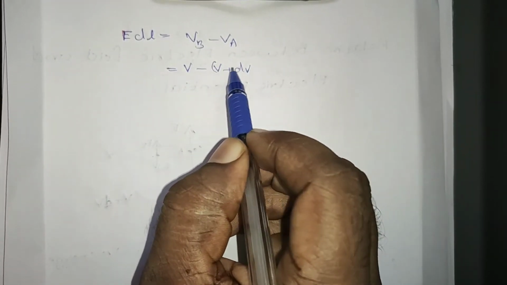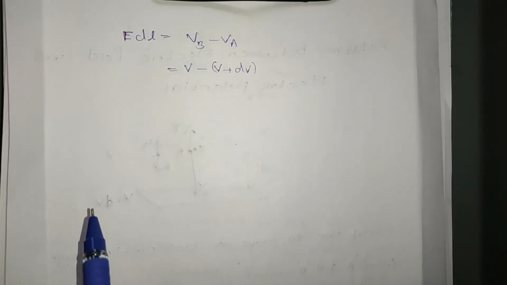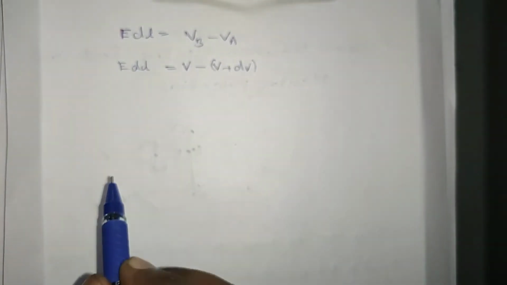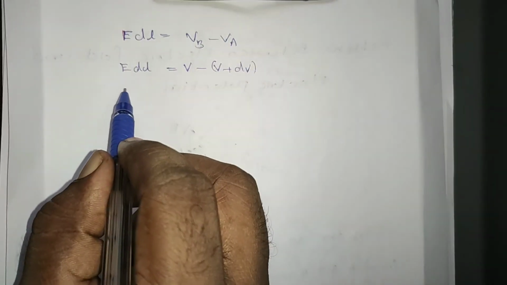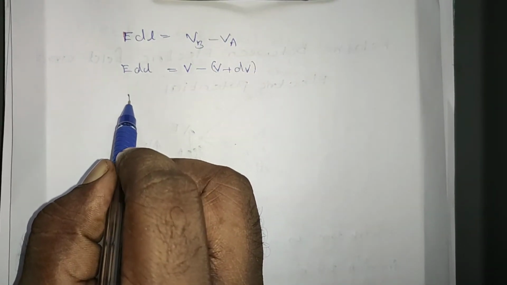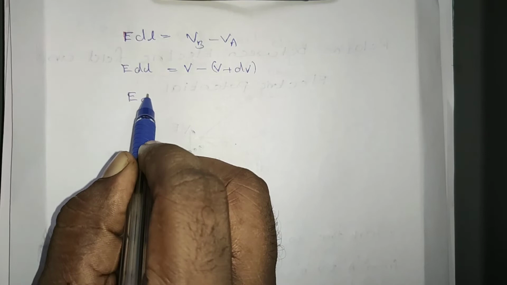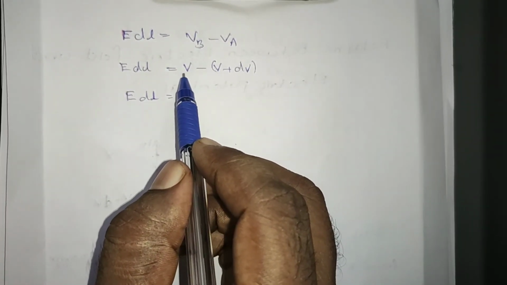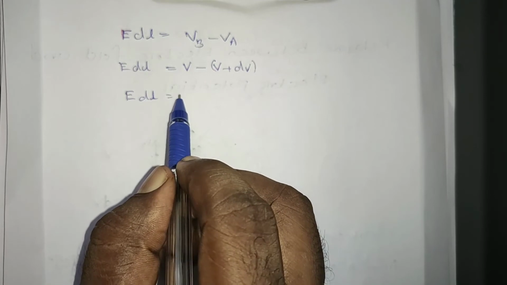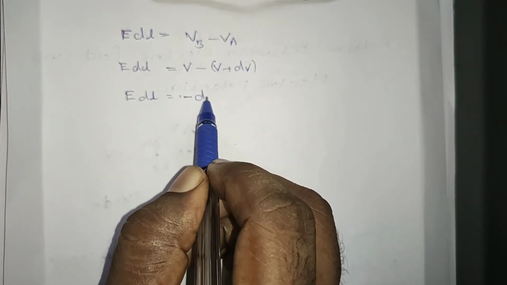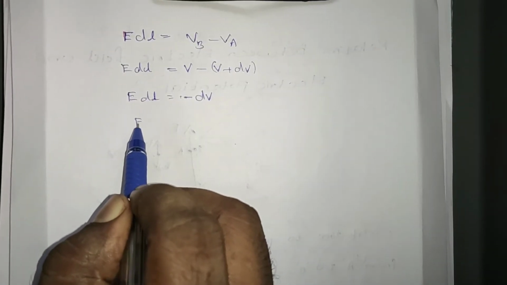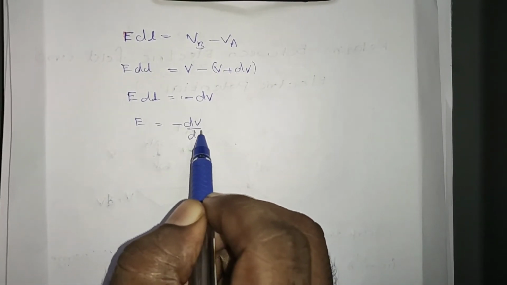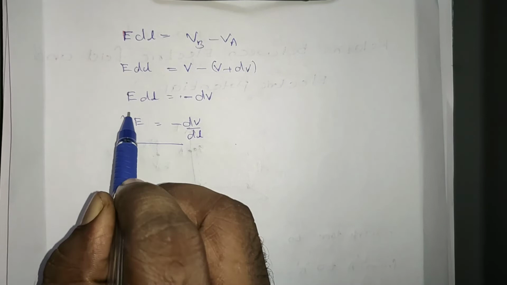So E dl is equal to, if you open it, we can cancel V and V. So we will get minus dV. So E is equal to minus dV divided by dl.